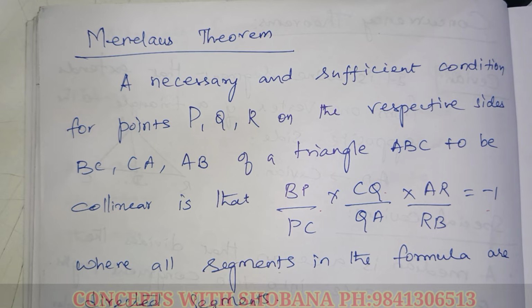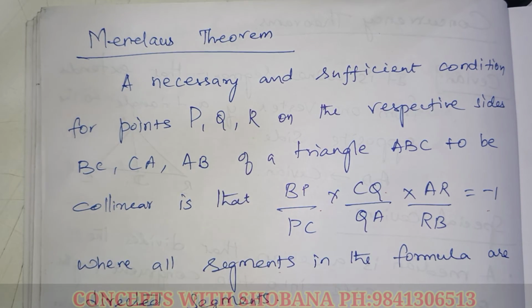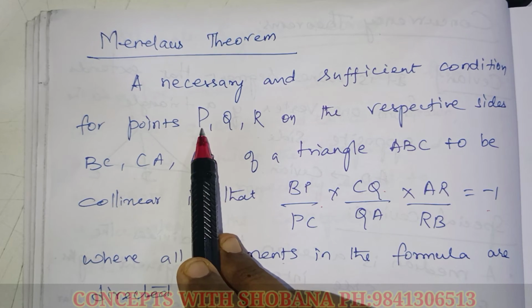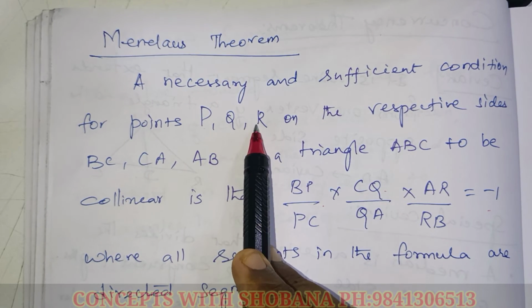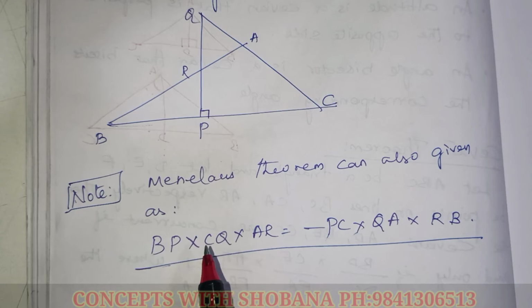In Seva's theorem, we saw they are concurrent. Here they are collinear. What is the meaning of collinear? Collinear means all the 3 points P, Q, R should lie on the same straight line.